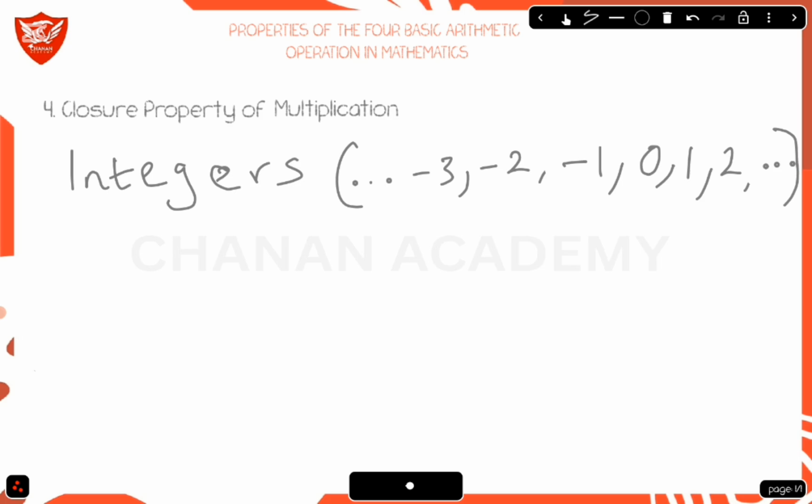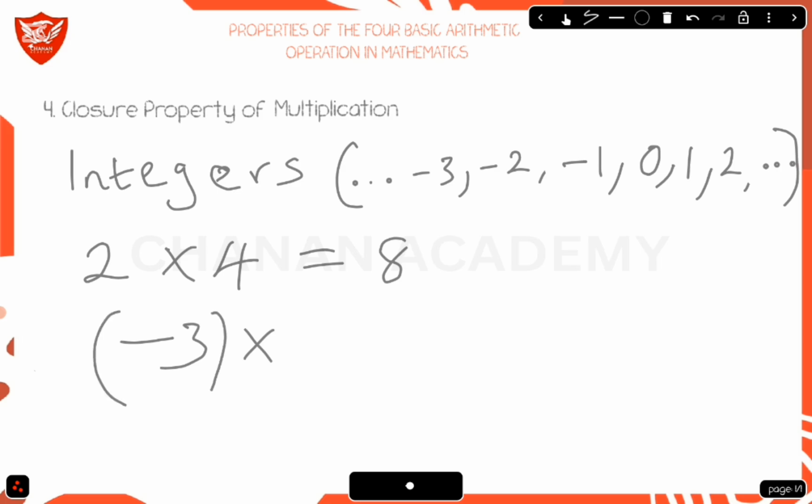So let's say we have 2 multiplied by 4. What will be the answer? The answer will be 8. Let's check a negative value. Minus 3, let's put this in bracket form, multiplied by 4. What will be the answer? The answer is negative 12.